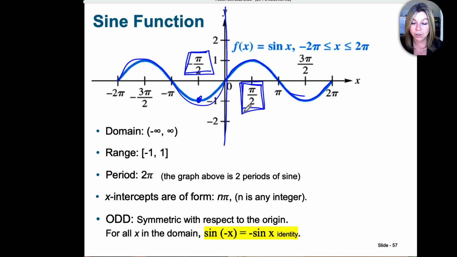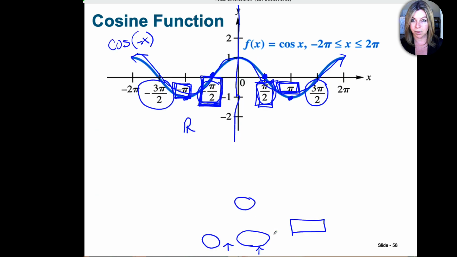Sine of pi over 2 has a value of, not the minimum, here at pi over 2, it's its maximum of positive 1. Hopefully that will help you to see why the identity sine inputting a negative x will give us negative sine of the corresponding positive x. Oops, here we go.